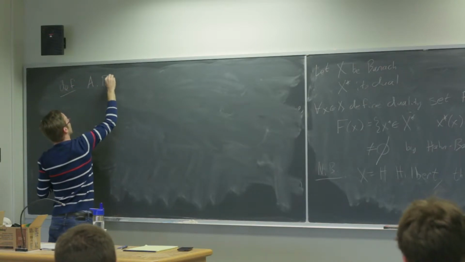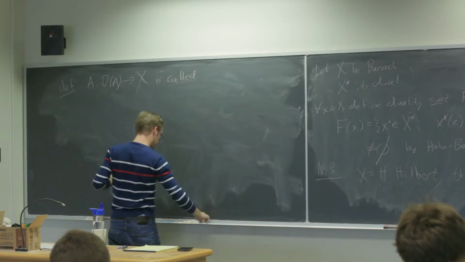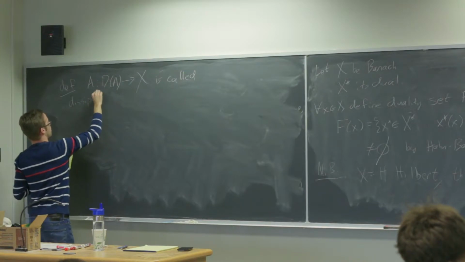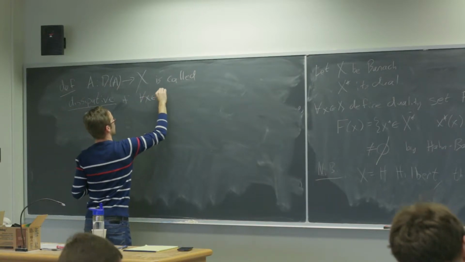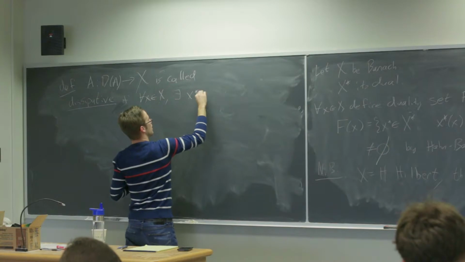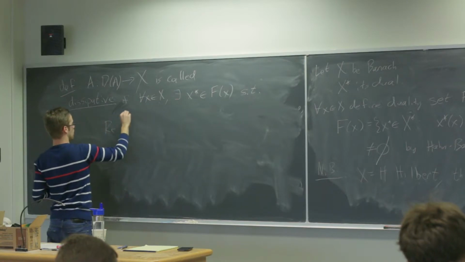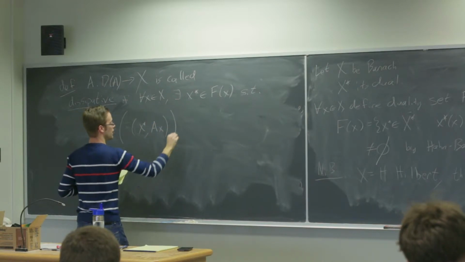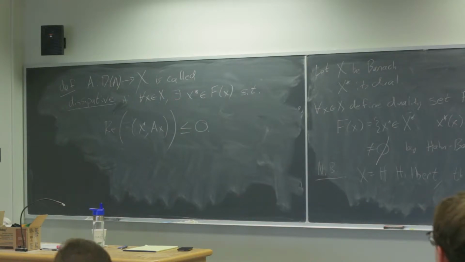An unbounded operator A defined on a domain into X is called dissipative if for each x in the Banach space, there exists an element x star in the duality set F of x such that the real part of the following quantity, x star applied to Ax, is less than or equal to 0. So let me put this over here because we're going to need it later.